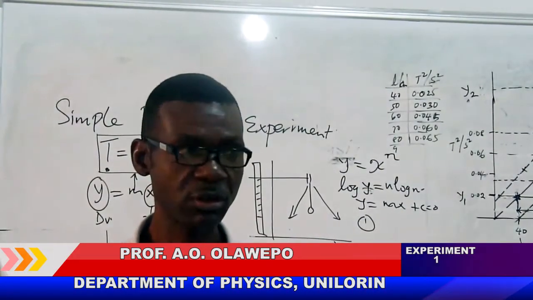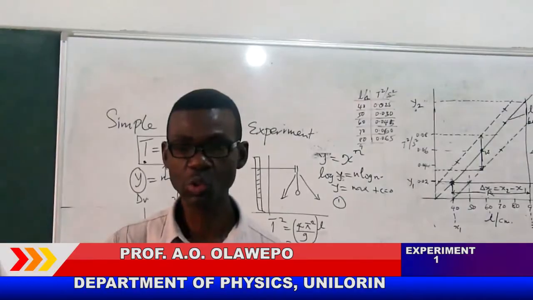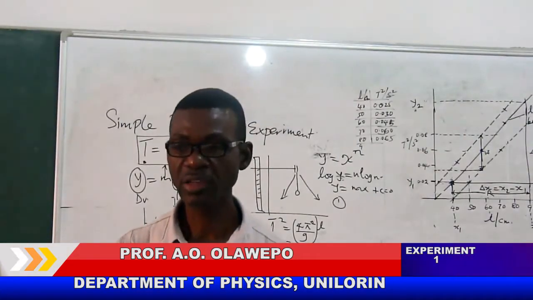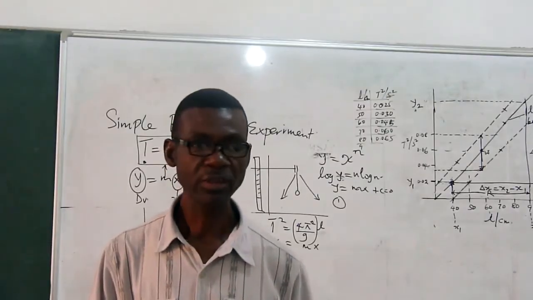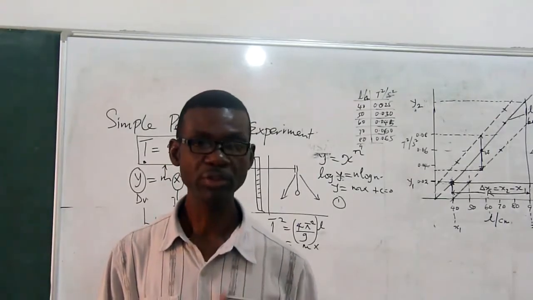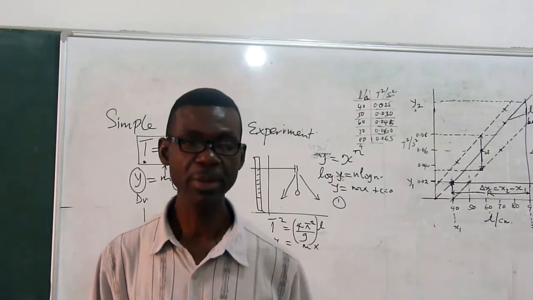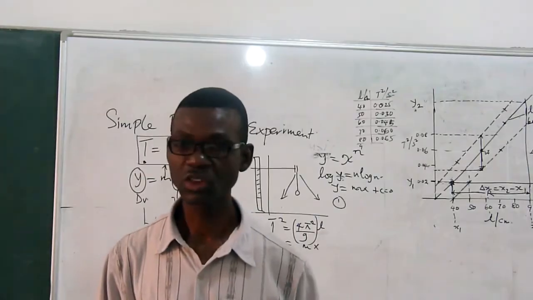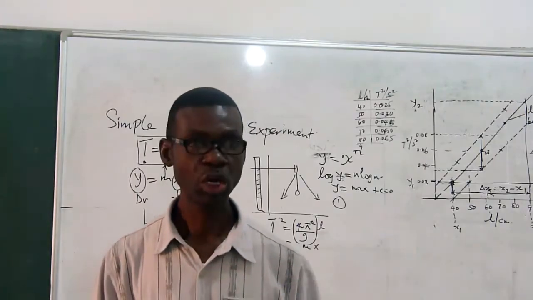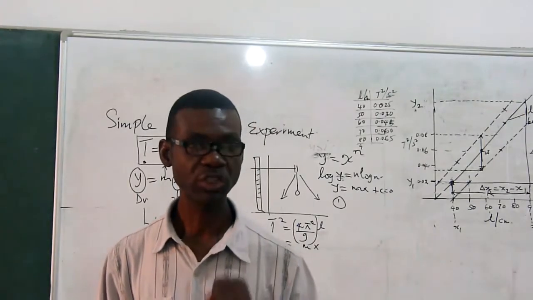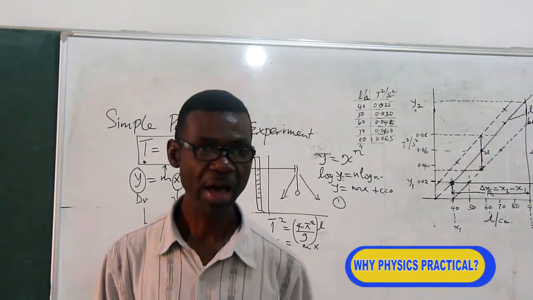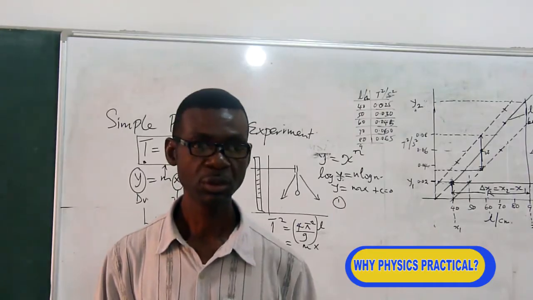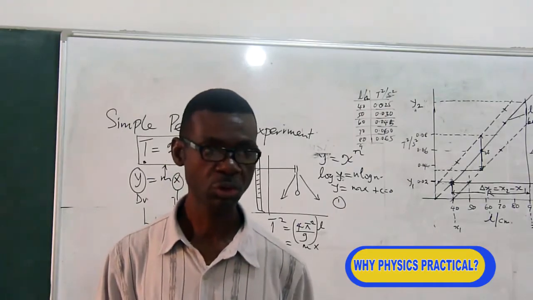Now, why practicals in physics? Physics, as you know, is a science course. And in science, the way we study science is by experimenting. So we perform experiments in physics, and your experiments in physics are meant to achieve something, which is to verify. We use experiment to verify theories, hypotheses, and laws.